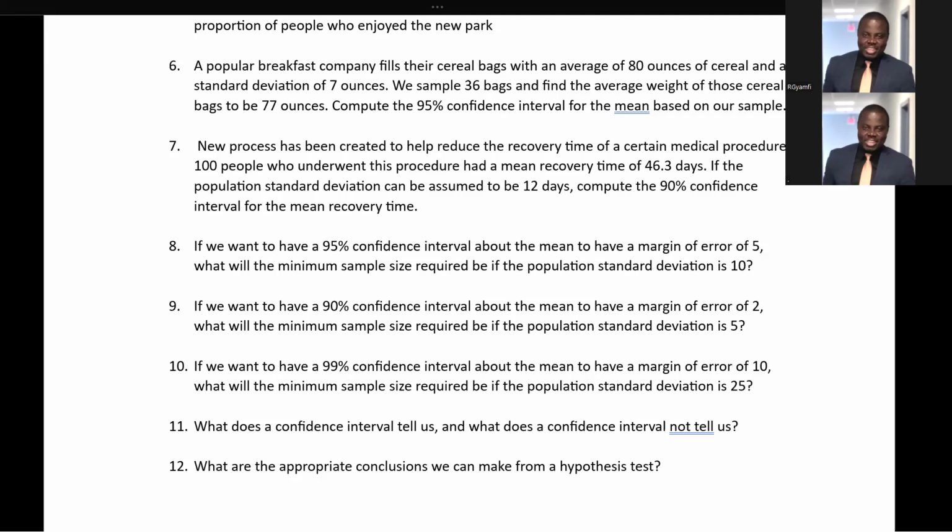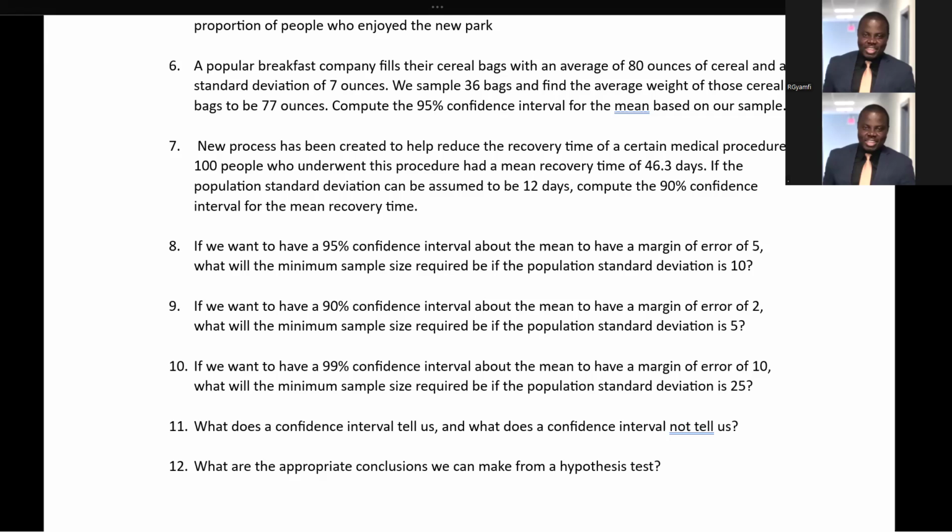First of all, remember we did this in class. You have to know what kind of confidence interval you are trying to find: a confidence interval for the mean. Since we have the population standard deviation, we are going to be using the Z distribution formula for the confidence interval.